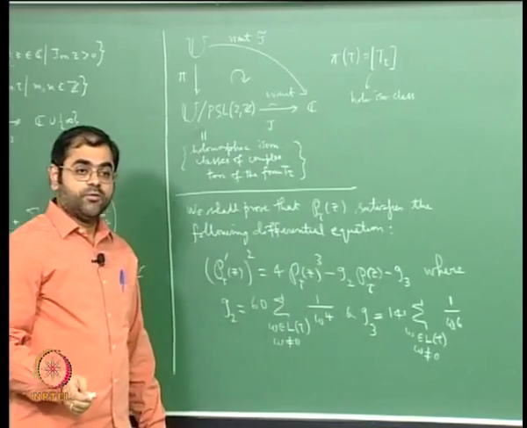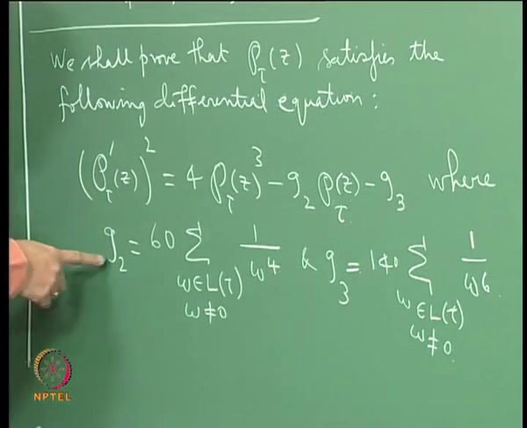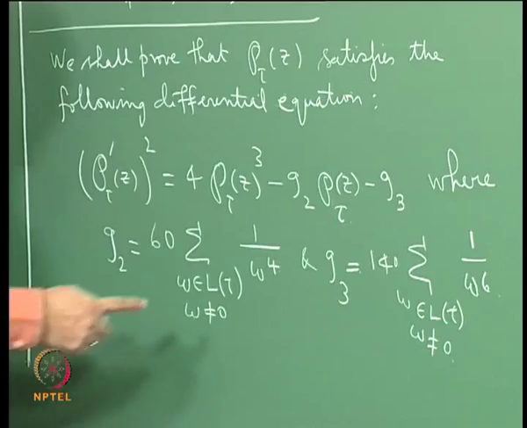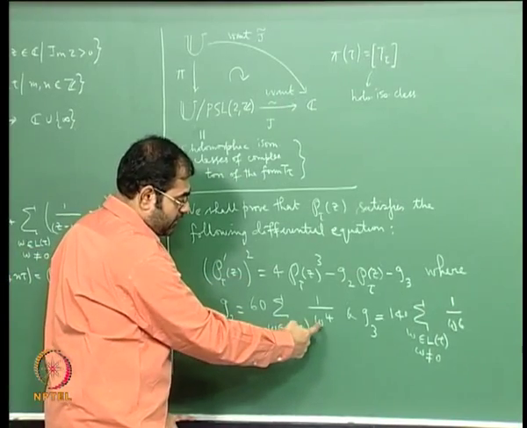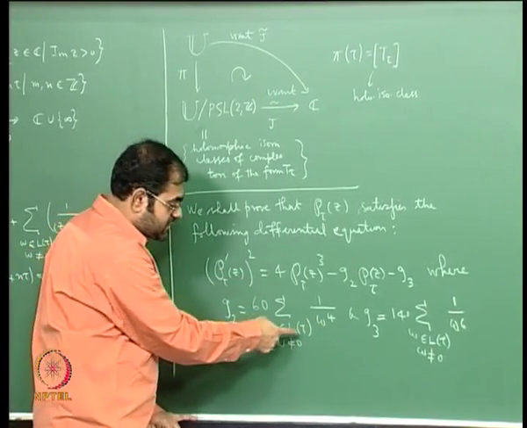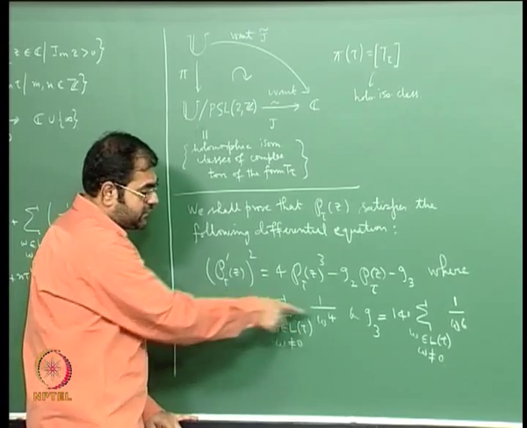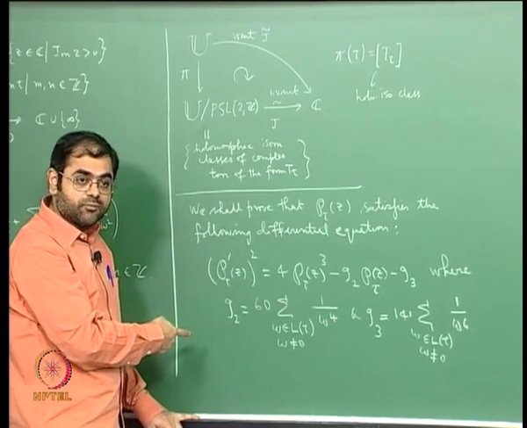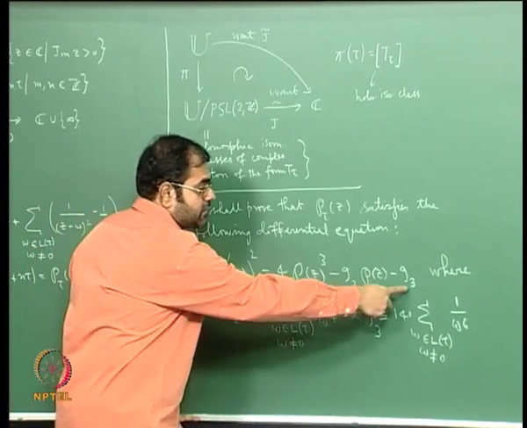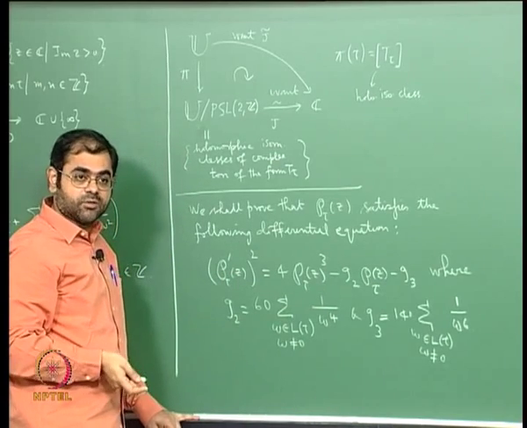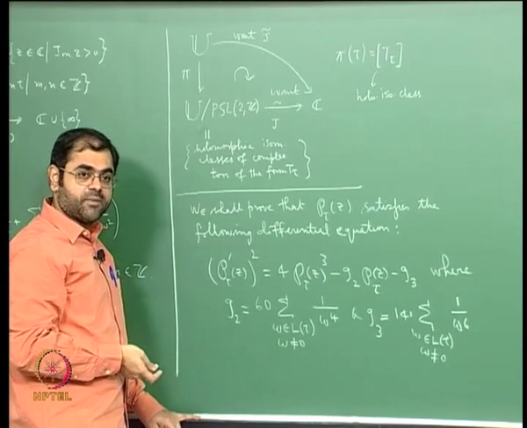You see that g2 and g3 depend on these summations, and these summations depend on tau. So you must realize that g2 and g3 themselves depend on tau. They are not just some constants.